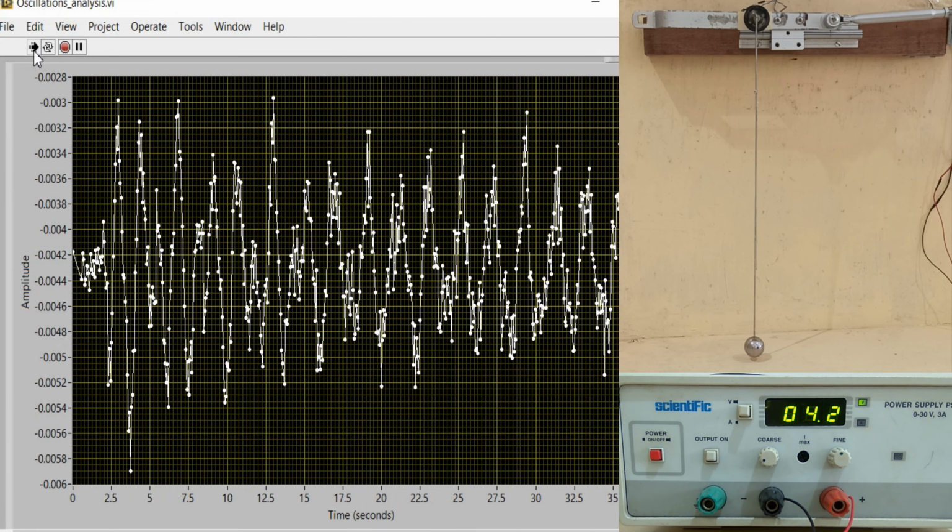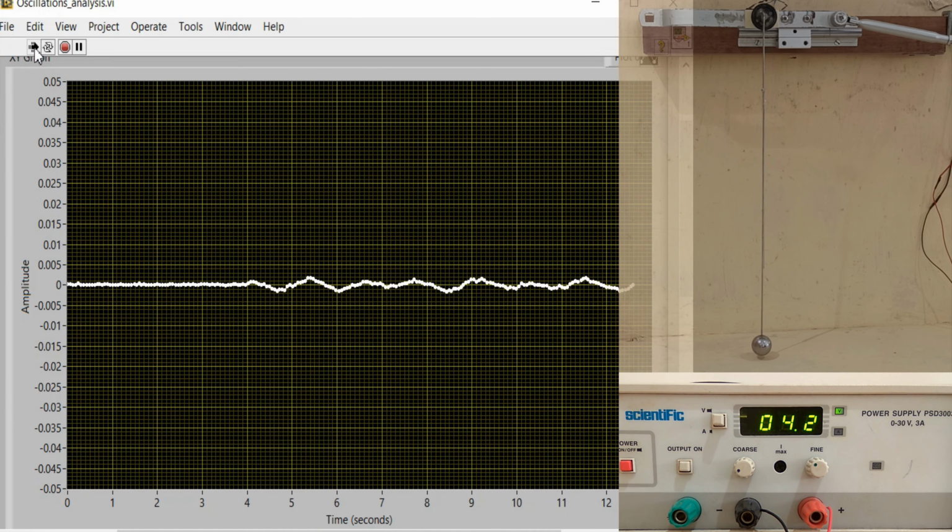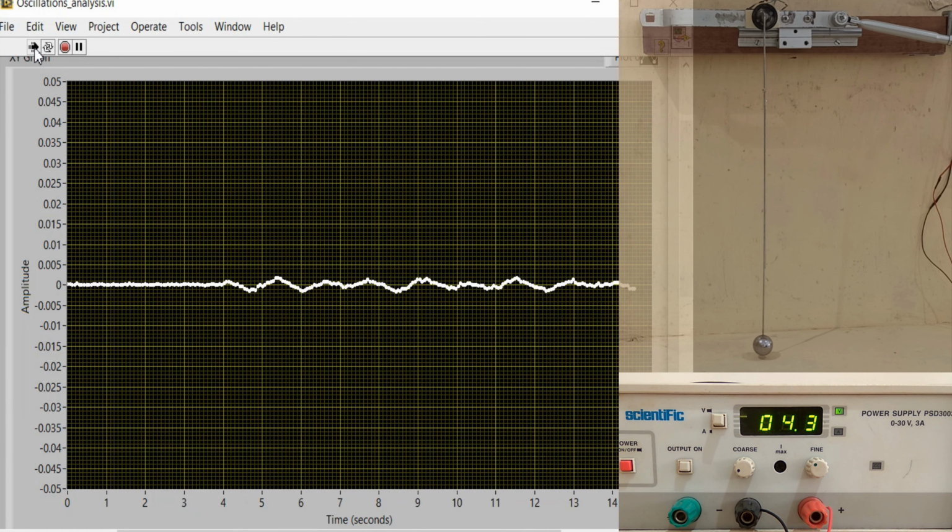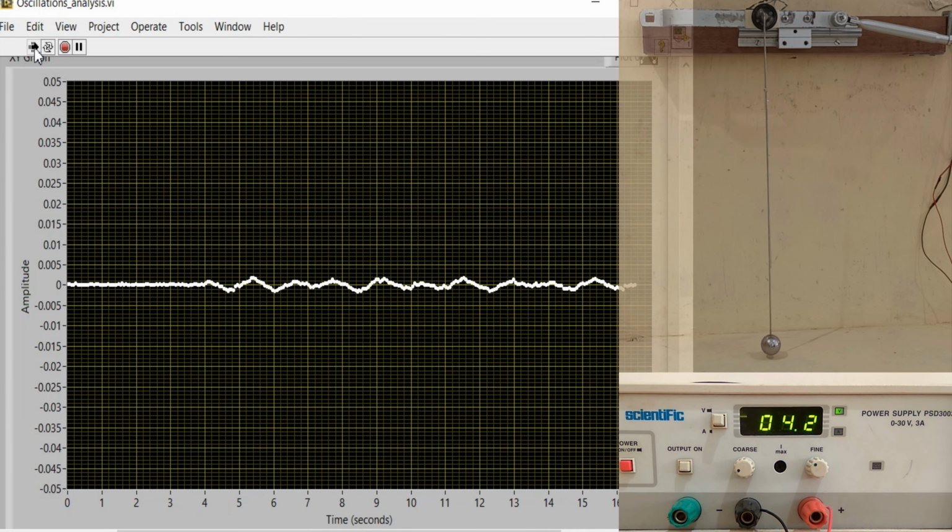We set the driver voltage to 4.2. You can see small oscillations, and the oscillator is following the driver.